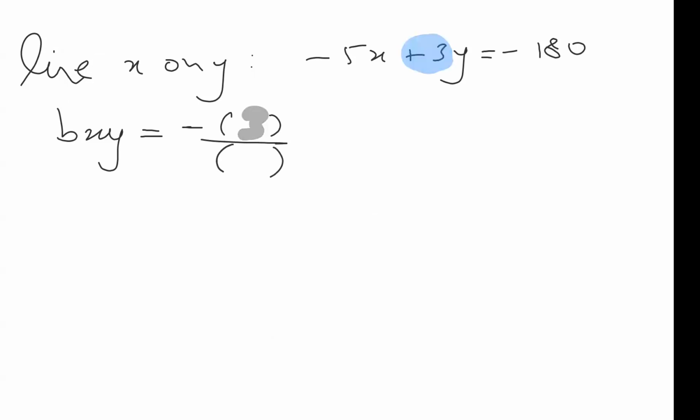So 3 will come on the top by minus 5. Bxy is equal to 3 by 5.